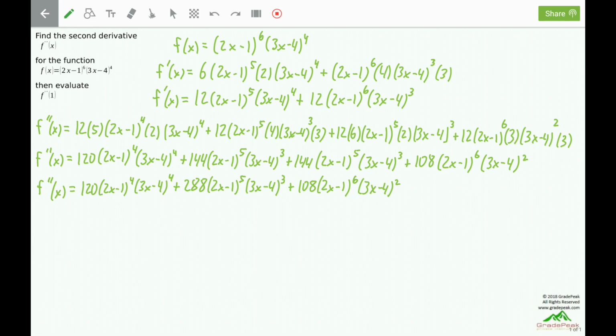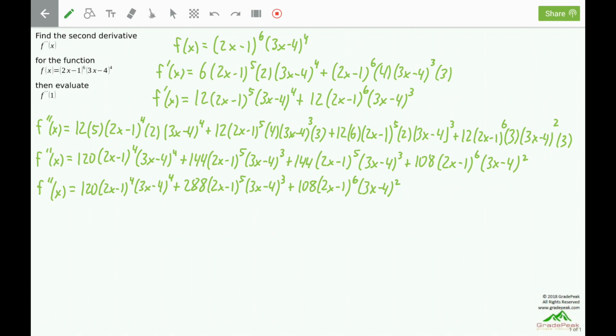This can be factored, and we can factor any common factors from the numbers. We have 120, 288, and 108. Now, 4 divides each of those.